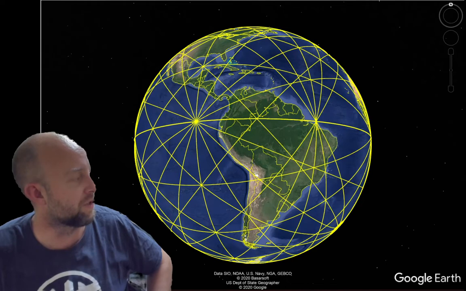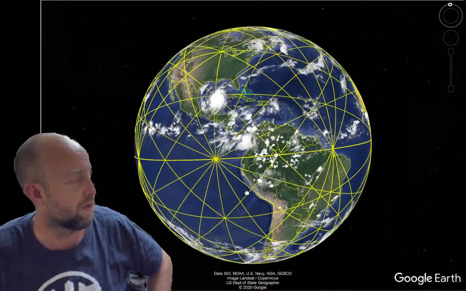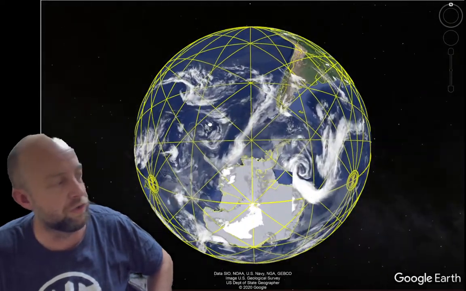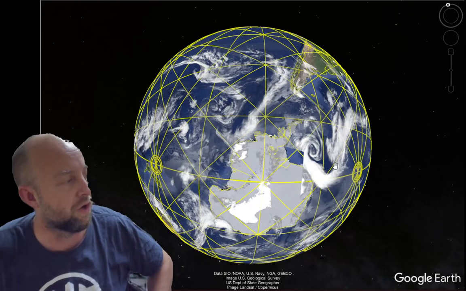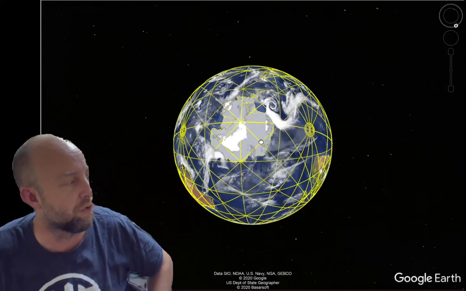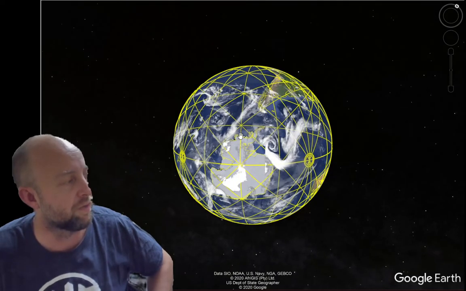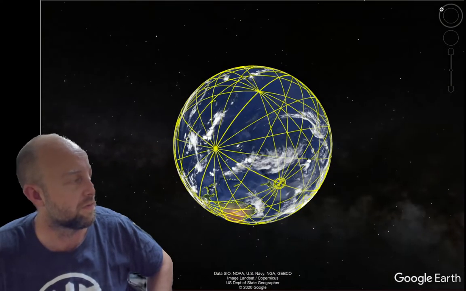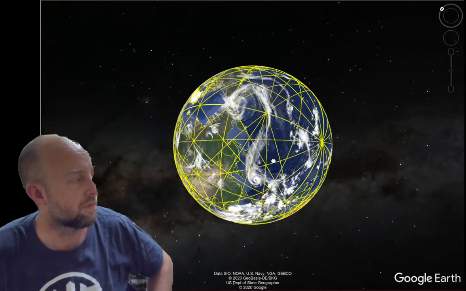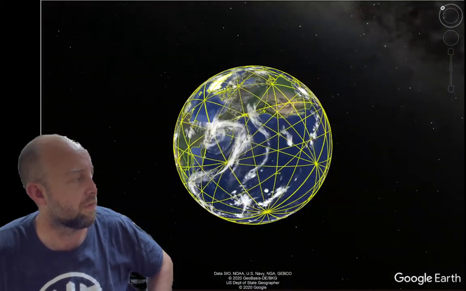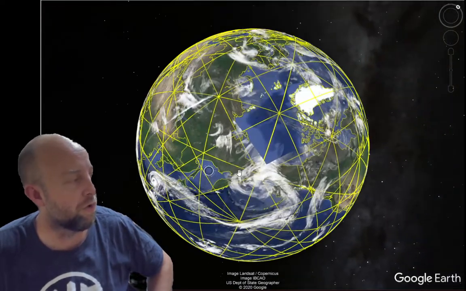Alright, so let's get back to the weather. Yeah, so here's some of the storms. And you'll notice once we have hurricanes that a lot of the major gravity well points in the South Pole will start getting very strong activity as well. So we got some formation around those. Oh yeah, and the North Pole.